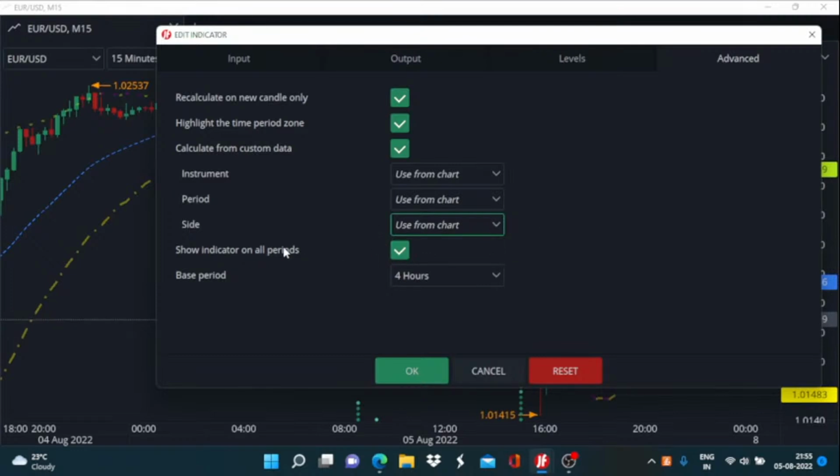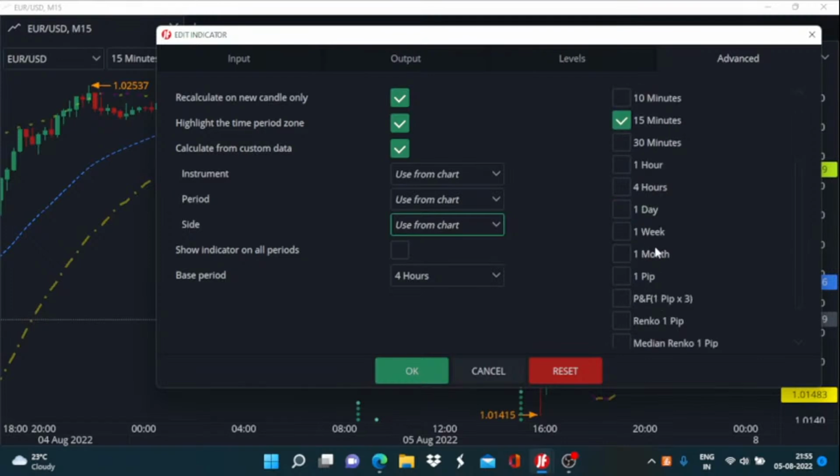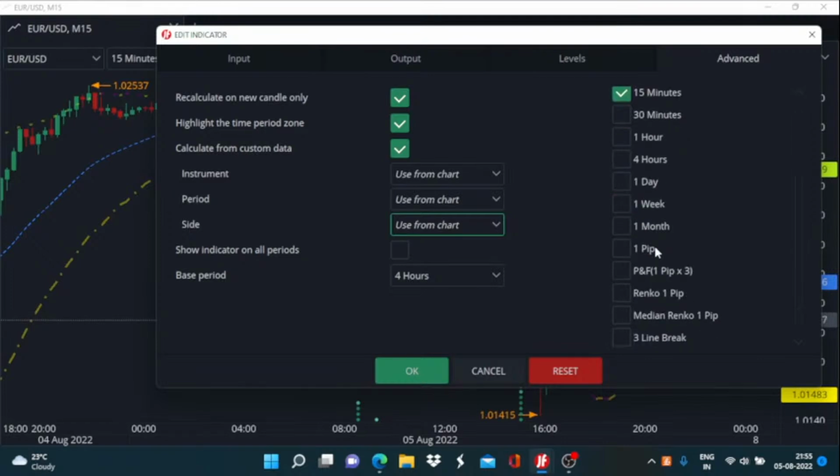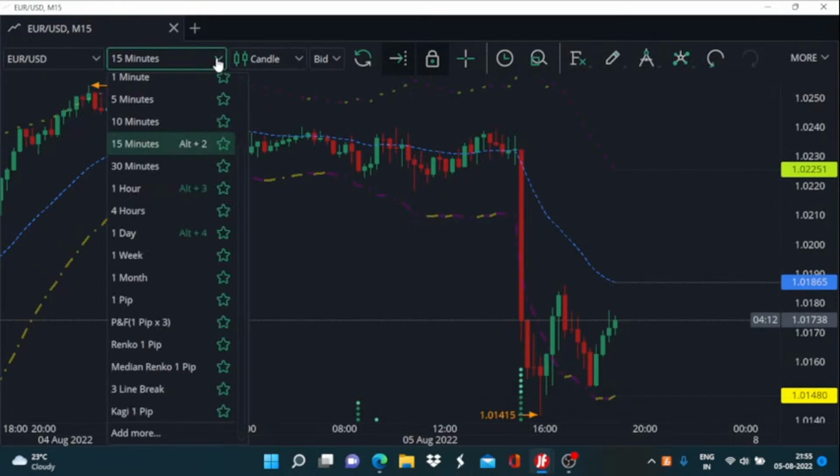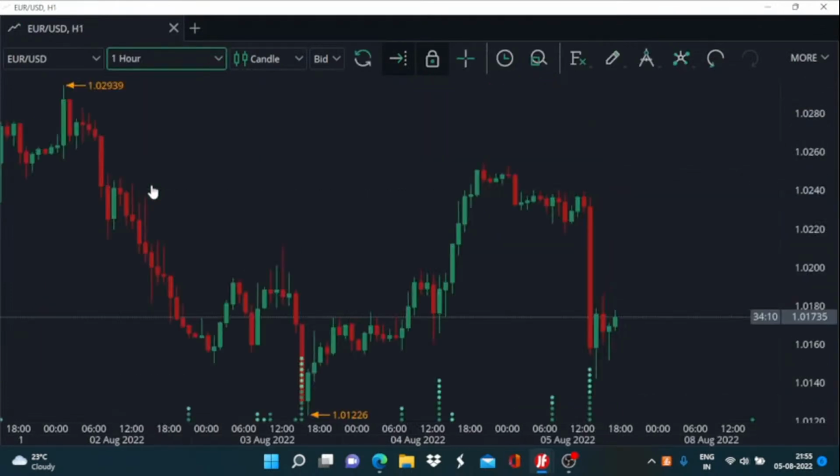Now we have the indicator being shown on all the candle periods under consideration. But if I opt out of this, then I have to specify the candle period on which the plotting of the indicator should be done, and only on that candle time frame will the plotting for the indicator be done. Here we have that case, where we have the plotting only for 15 minutes, and if I now change it to say 1 hour, there won't be any star bands plotted on this time frame.